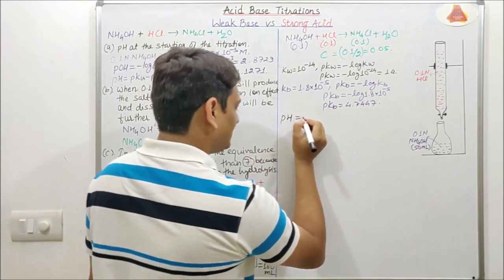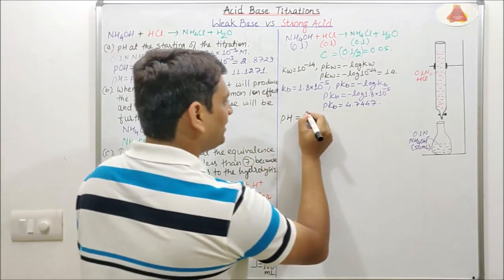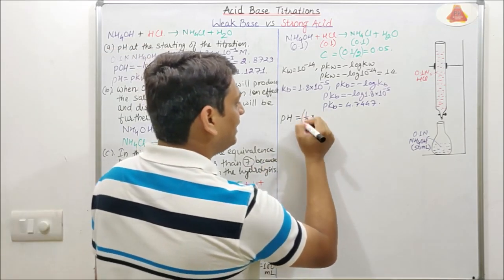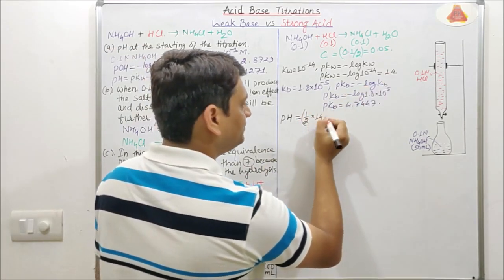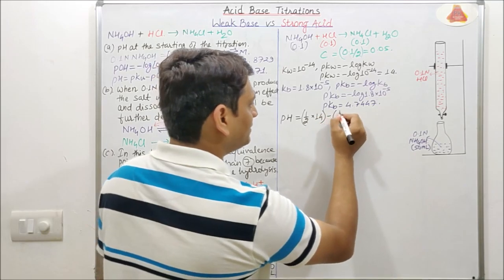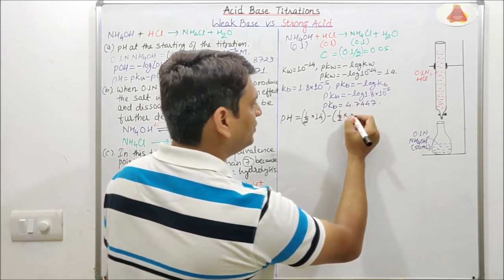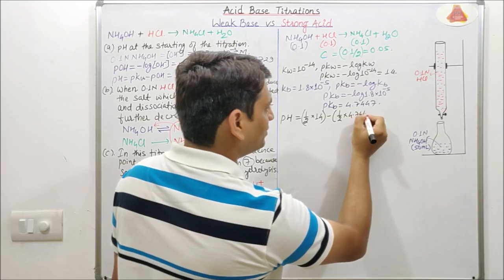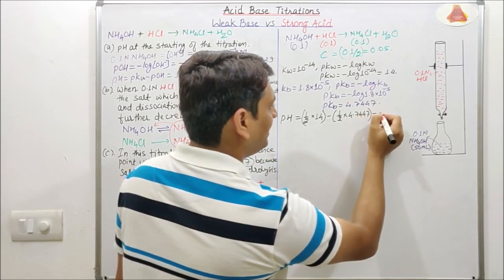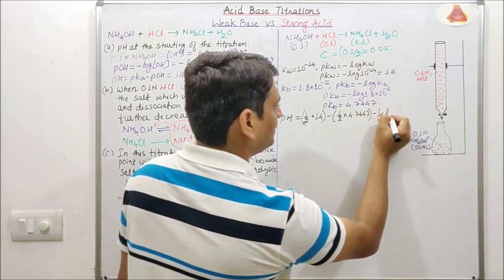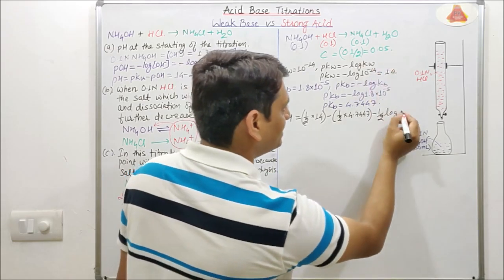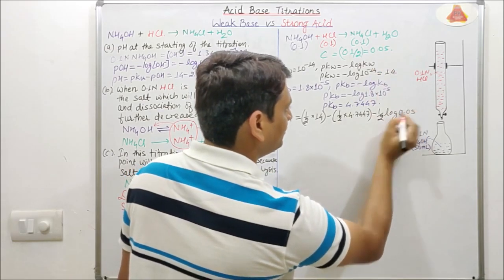So we will put all these values in this equation, and we can calculate the pH value. So pH is equal to half pKw, so it will be half into 14 minus half into 4.7447 minus half log C, that is 0.05.